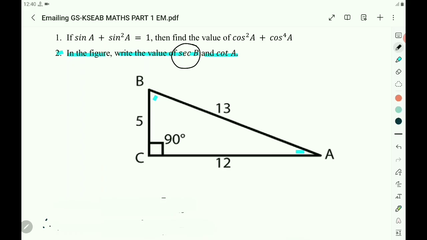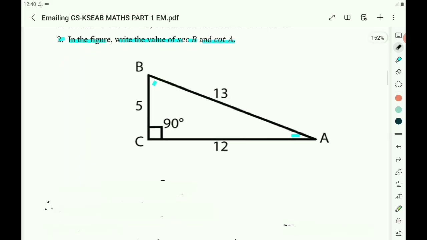To find secant B, secant is the reciprocal of cos. Cos is equal to adjacent side by hypotenuse. Therefore, secant is equal to hypotenuse by adjacent side.